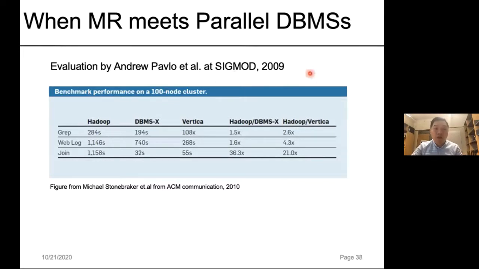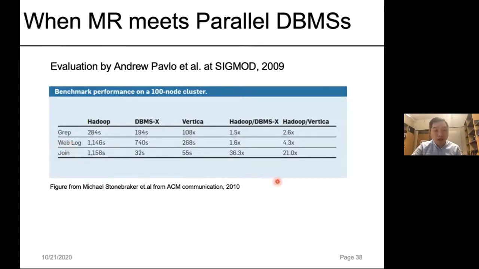At SIGMOD 2009, they benchmarked the systems over a 100 node cluster with 3 tasks. They evaluated Hadoop, a relational database, DBMS-X, and a column relational database, Vertica. This table shows the results for 3 tasks: grep selection, web log aggregation, and join.